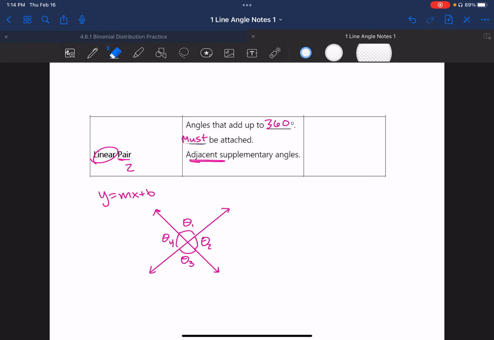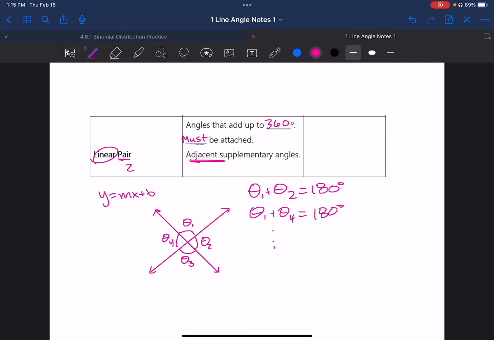So that tells me here that theta 1 plus theta 2 equals 180. Theta 1 plus theta 4 equals 180. And I can build this whole list of relationships here of things that equal 180. And I'm going to use that here in a moment, but just think about that word adjacent.